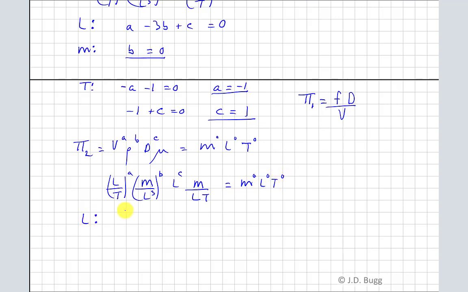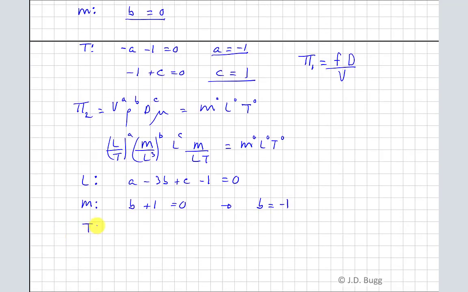So the L gives us an a minus 3b plus c minus 1 because of this. M, again, nothing there. Get a b plus 1 is equal to 0. So that lets us say that b is equal to negative 1.